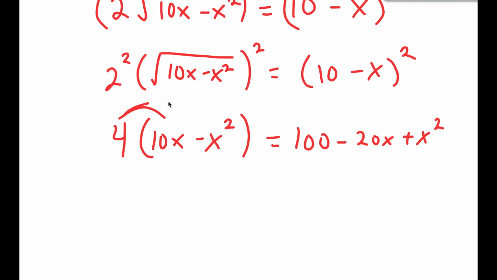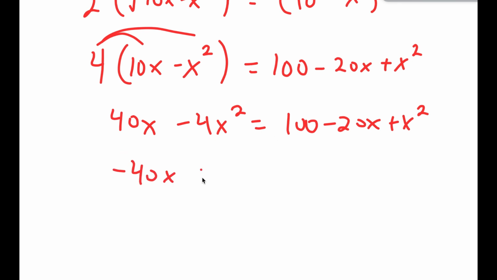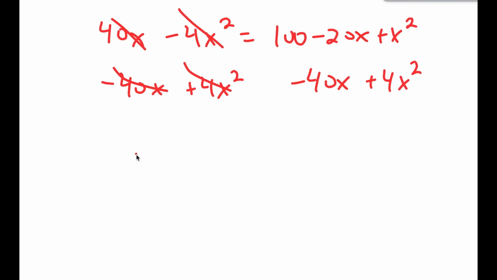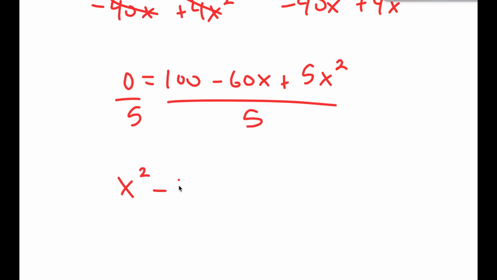Now, if I distribute my 4 here, I get 40x minus 4x squared is equal to 100 minus 20x plus x squared. And now I'm going to subtract 40x and add 4x squared on both sides. So then these cancel out, and I'm going to be left with 0 is equal to 100 minus 60x plus 5x squared. Now I'm going to divide both sides by 5. So I get x squared minus 12x plus 20 is equal to 0.